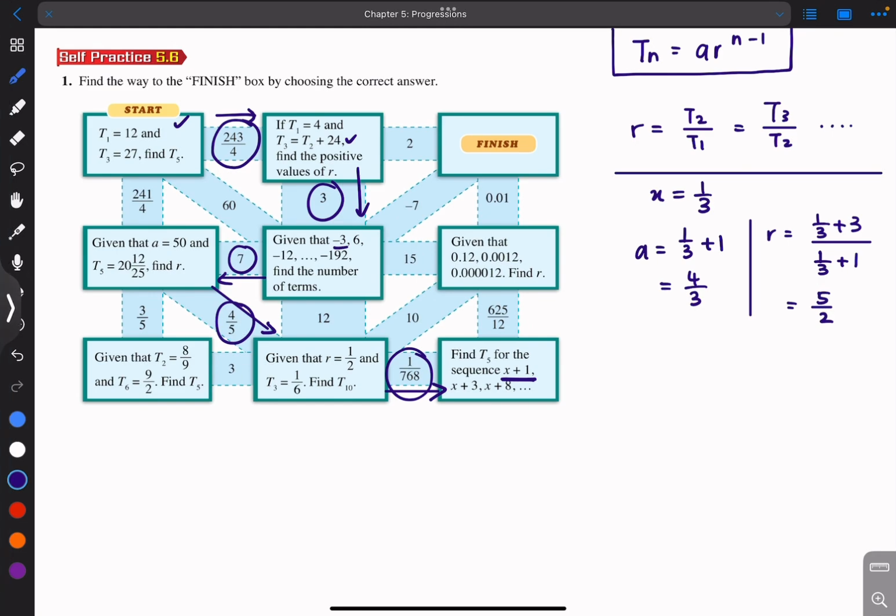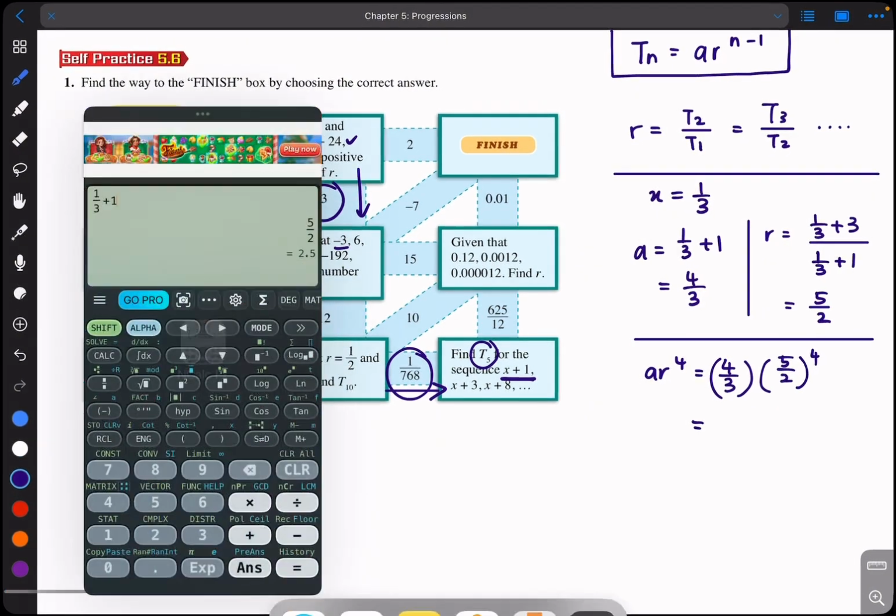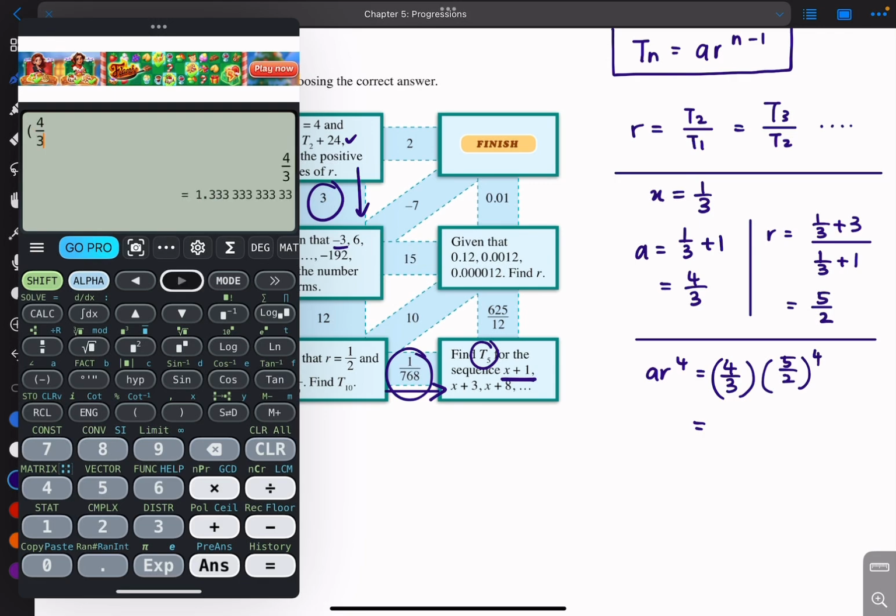Now we need to find the fifth term. So T5 will be AR to the power of 5 minus 1, which is basically AR4. So AR4 will equal 4 over 3 times 5 over 2 to the power 4.